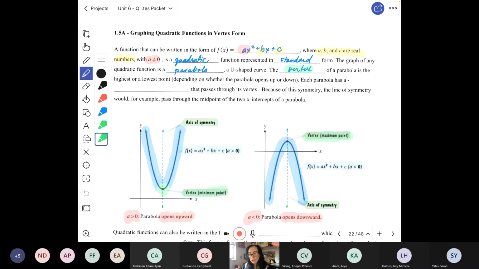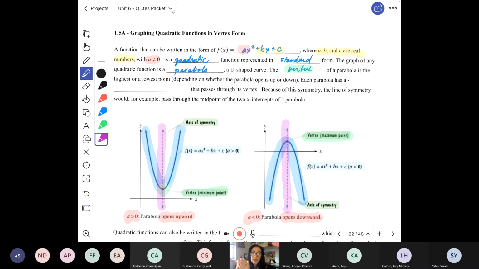Now, what you will notice is that there is an axis of symmetry, a line, so to speak. It's not really part of the parabola. But you notice that the axis of symmetry is the line that we can fold the graph of a parabola along and get mirror images.